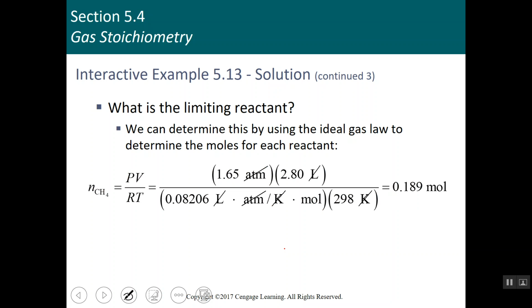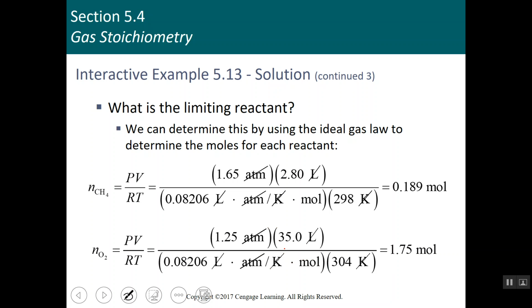So we have to use the ideal gas law to determine the limiting reactant. For our moles of methane, we take the pressure of methane times the liters divided by the ideal gas constant and the temperature in Kelvin. We get 0.189 moles. For oxygen, we use the values given for it, and we come up with 1.75 moles.